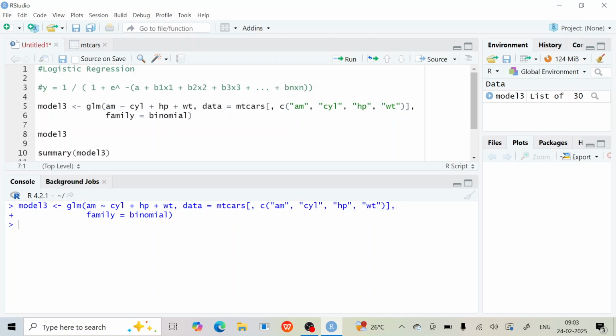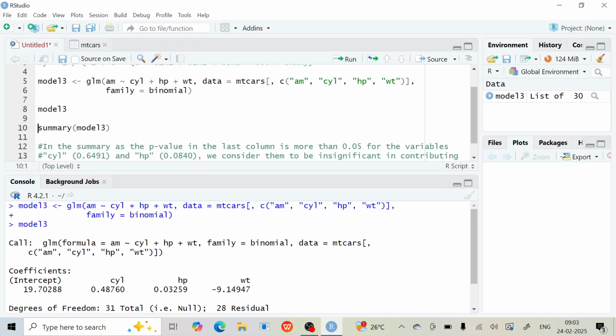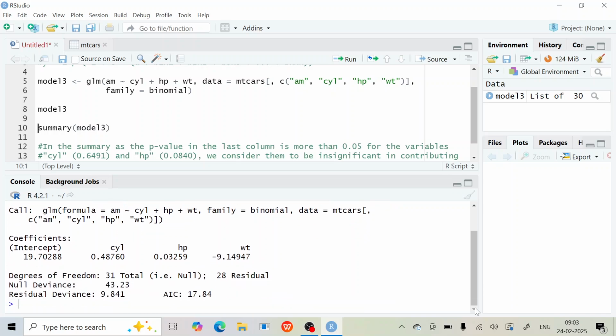Let me see what is there in this model 3. Model 3 shows the model built using am against cylinder plus horsepower plus weight on the mtcars data set, and the values for cylinder, horsepower and weight are given.